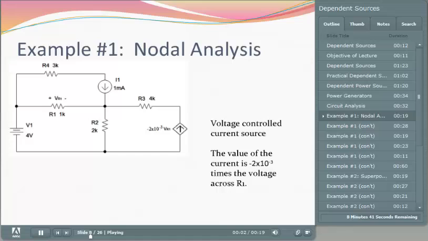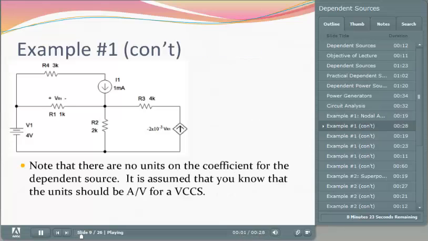In this example, I have two independent sources, one voltage source, one current source, V1 and I1, and a voltage-controlled current source that has a magnitude of minus 2 times 10 to the minus 3 times the voltage across R1. There are no units associated with the coefficient in front of VR1 on the voltage-controlled current source.